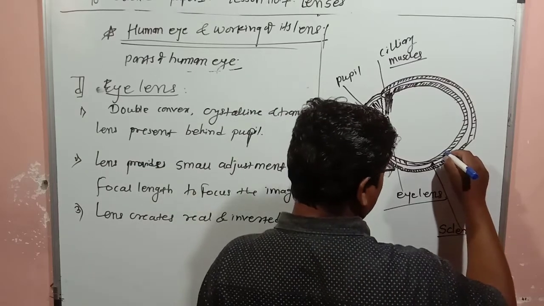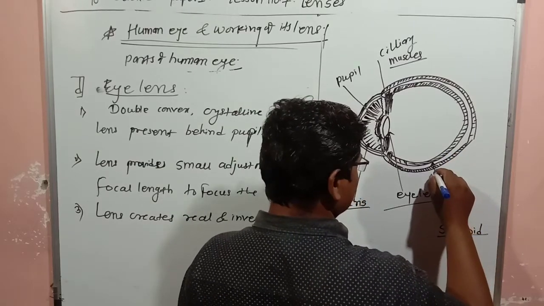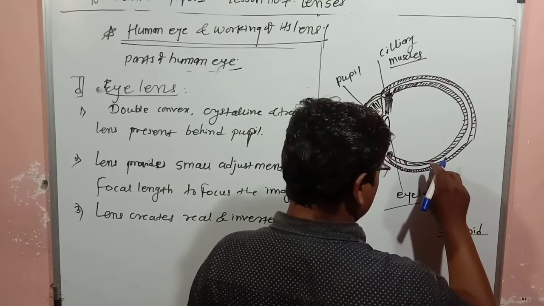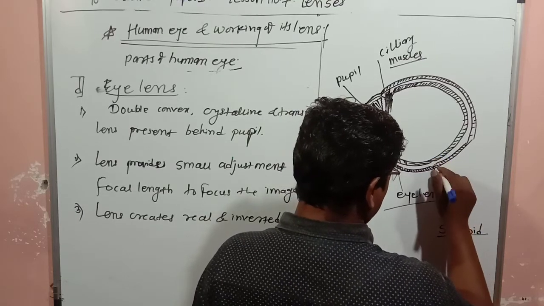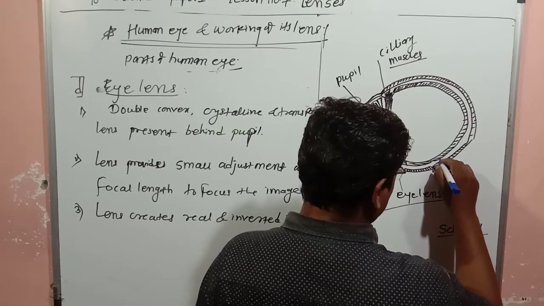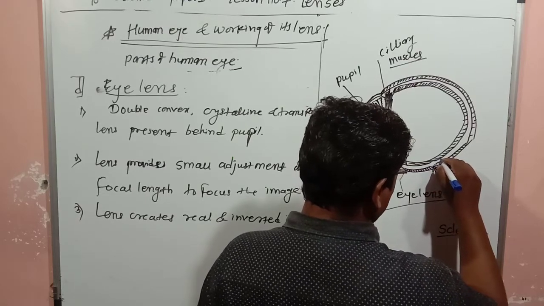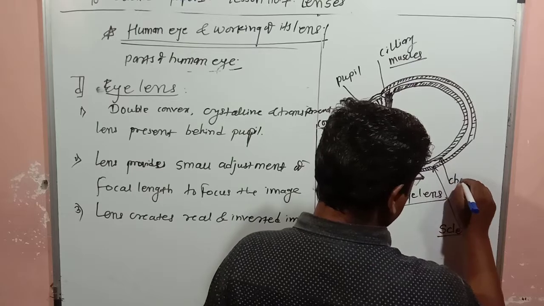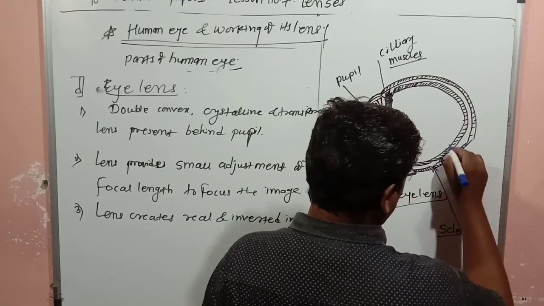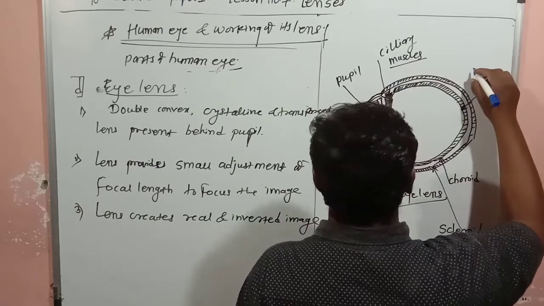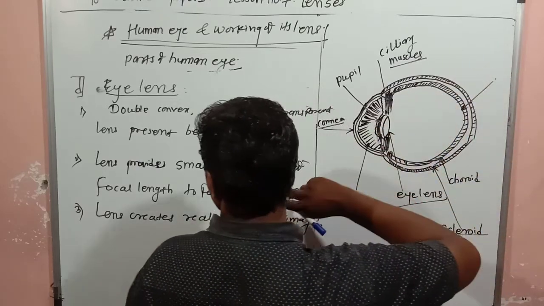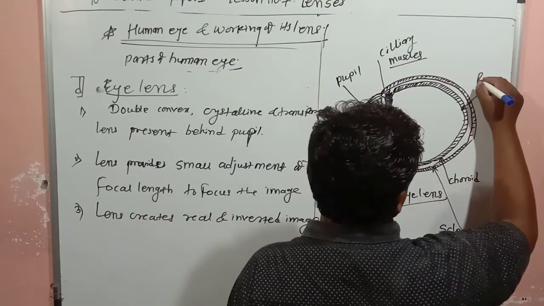And that innermost is there, wait. Sclera, then there will be choroid, and here innermost it will be, what you can say, retina.